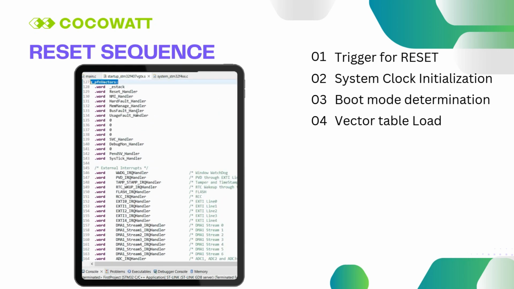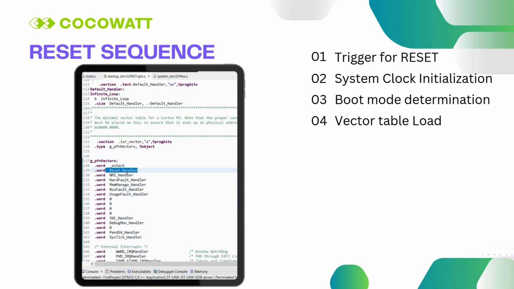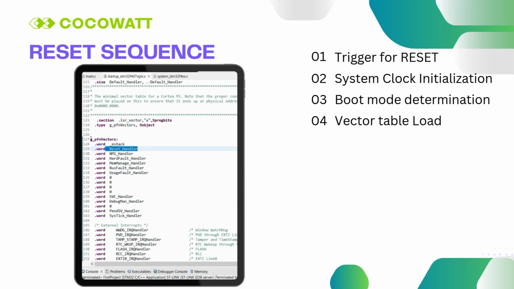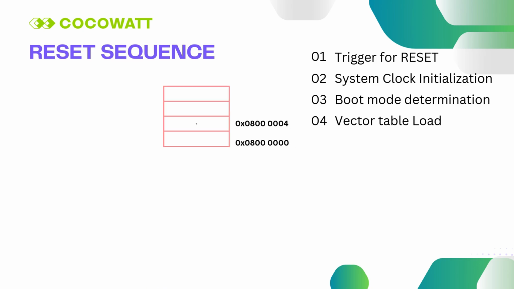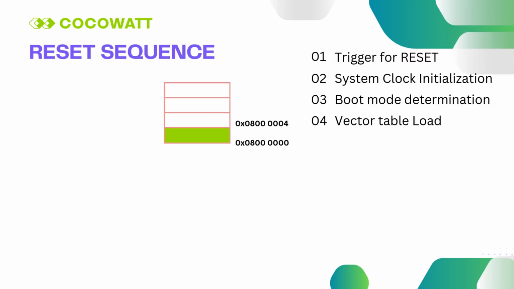This will be loaded in the intended memory address. In case of ST, by default it is loaded from main flash memory base address, that means 0x08000000. It can be relocated to other regions also by configuring vector table offset register.